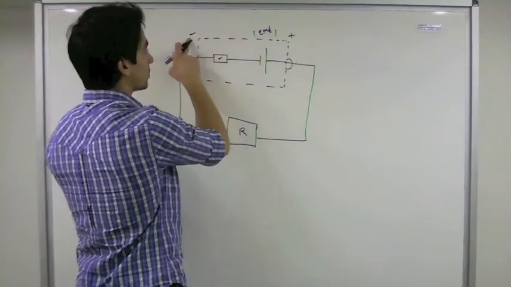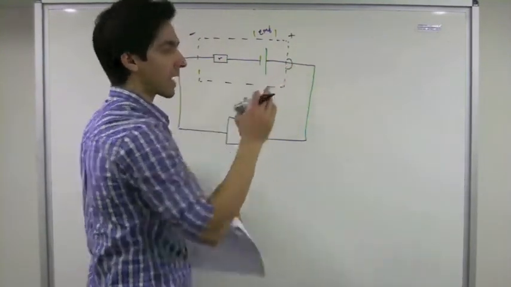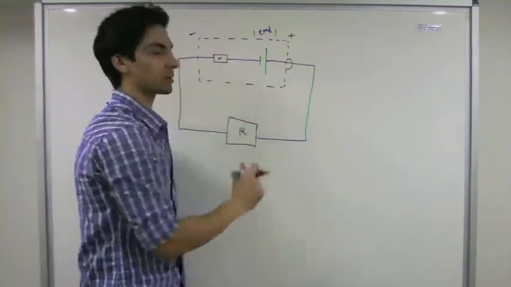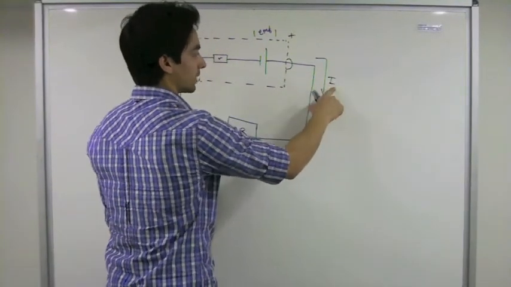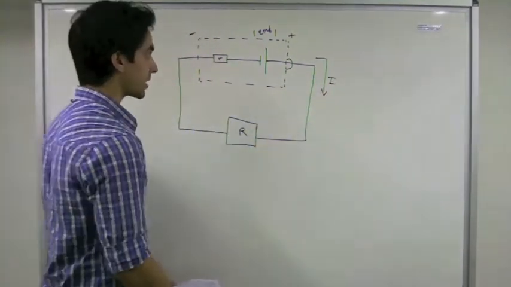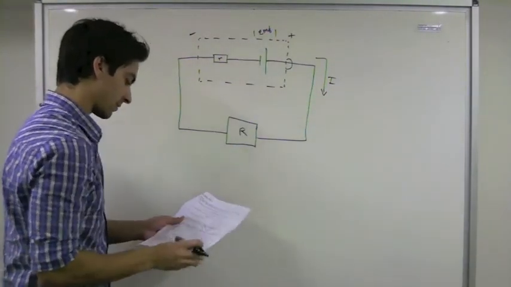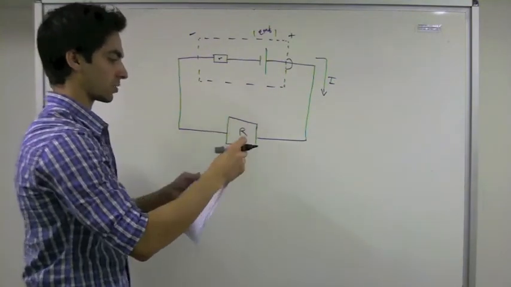Now the voltage across the terminals of the battery is going to be slightly less than the EMF because of the internal resistance. Let's show that. Let's say the current flowing in the circuit is I and the EMF provided is EMF. If you turn to page 10, these are the notations that I used.